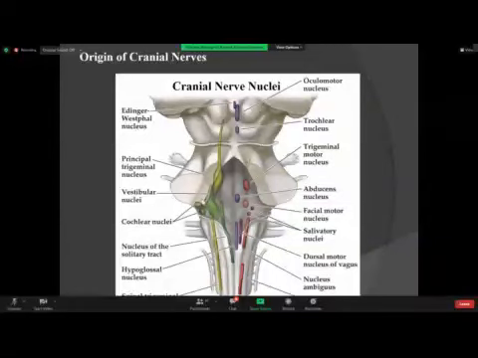Now, also to understand is that the origin can differ from nerve to nerve. So if you look at just the cranial nerve 6, the abducens, it has a small origin. But if you look at the trigeminal one, the cranial nerve 5, it is gigantic, okay? Similarly, other areas of the brain, the nerves that are present, they have huge areas that are twinkled up over here, especially the vagus nerve.